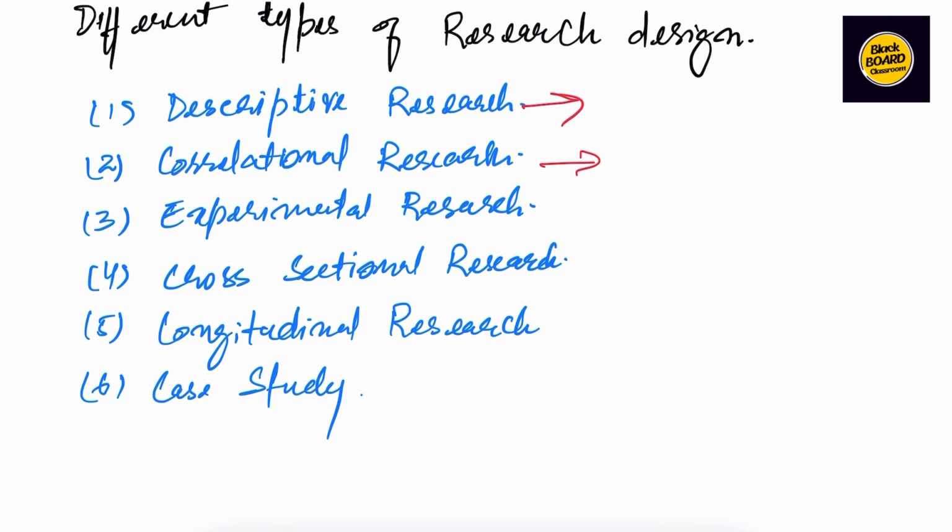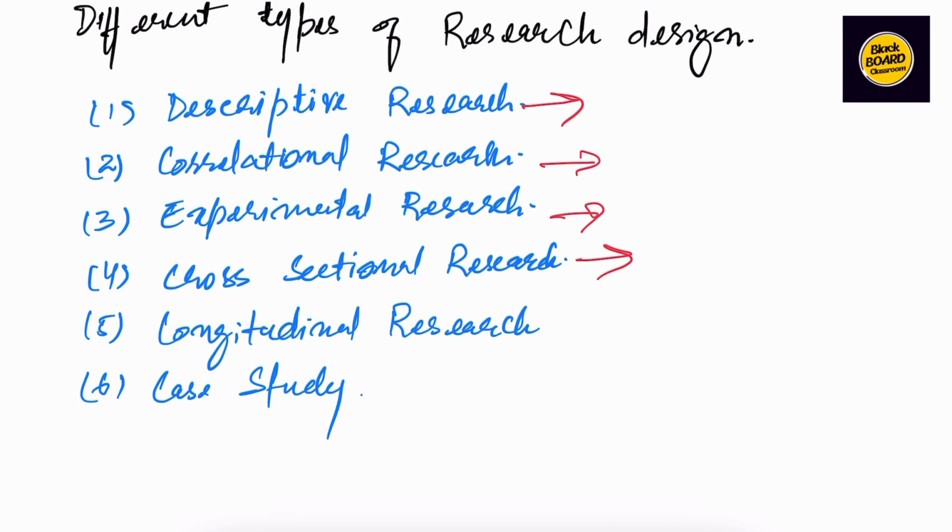Experimental research design involves manipulating one or more variables to observe the effect on another variable, typically with experimental and control groups. Then comes the cross-sectional research design, which collects data from individuals or groups at a single point in time.